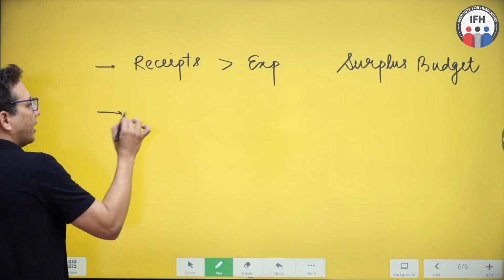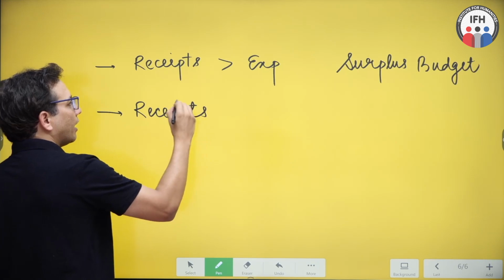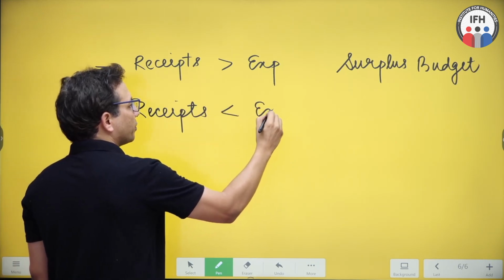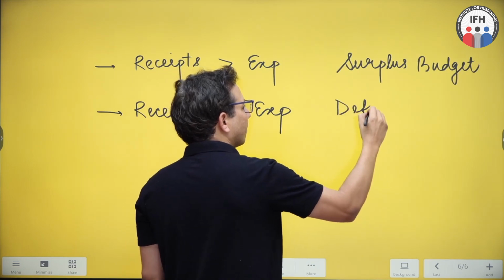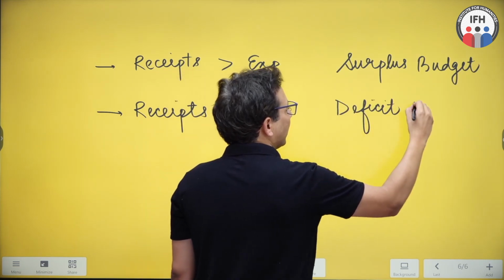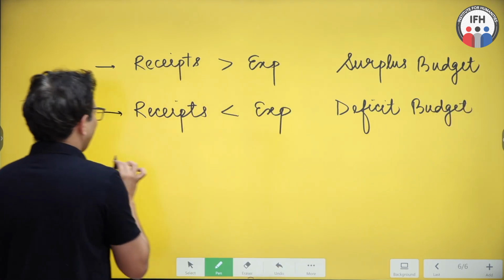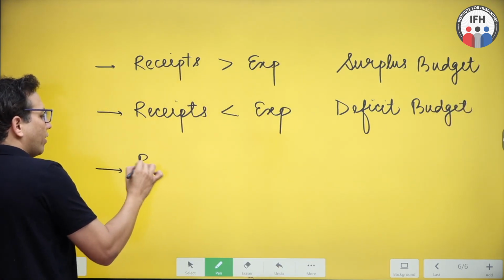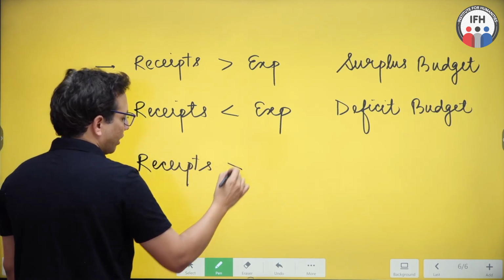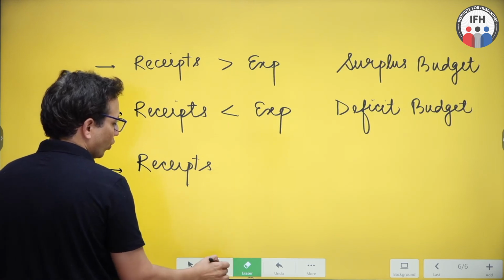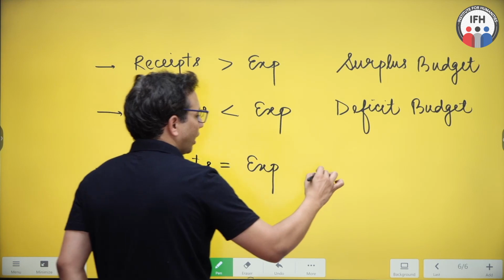On the other hand, if government's receipts are less than government's expenditure, it is called a deficit budget. And third is, which generally doesn't happen, when receipts are equal to expenses, it is called a balanced budget.